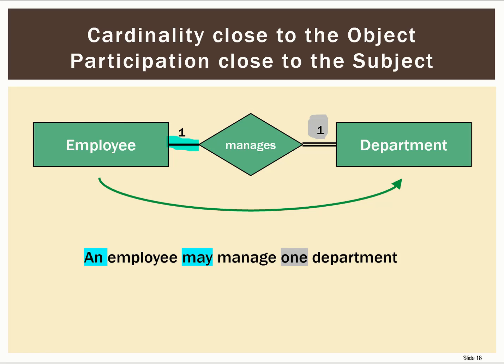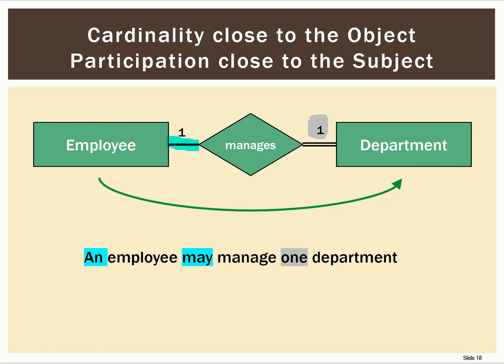This relationship is moving from employee as the subject to department as the object. And it's always important to remember that you read the cardinality closest to the object, but you read the participation closest to the subject. This is why the sentence for this relationship is an employee may manage one department.